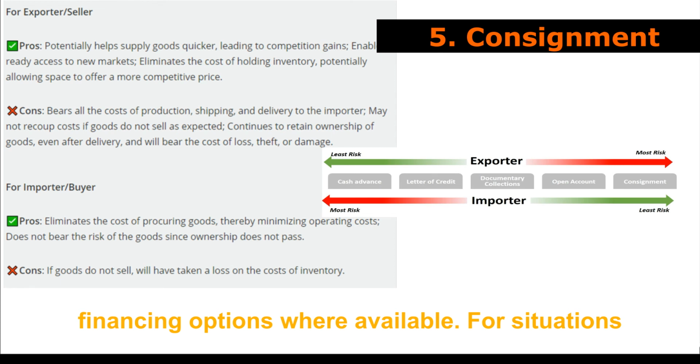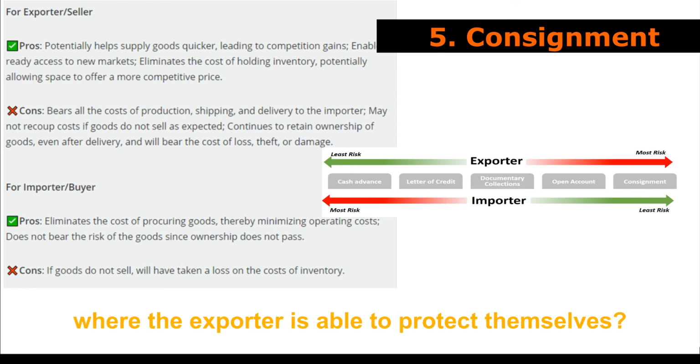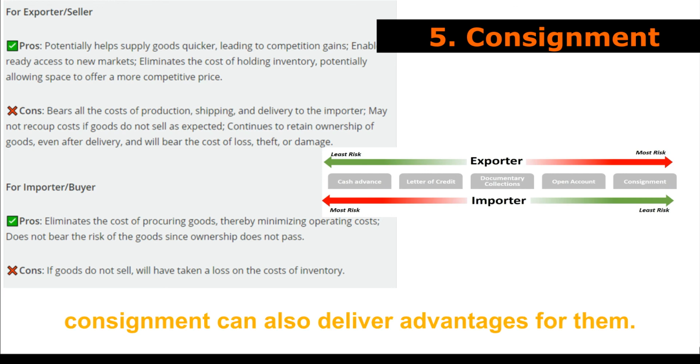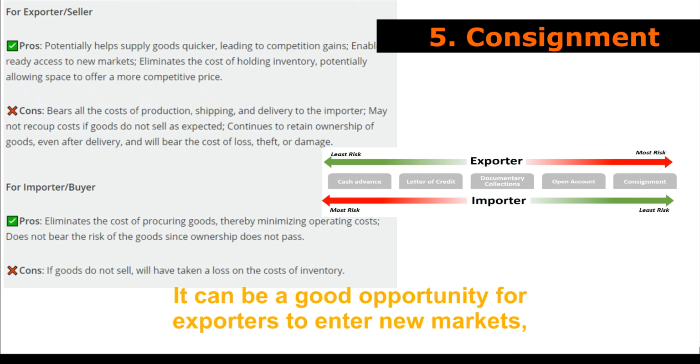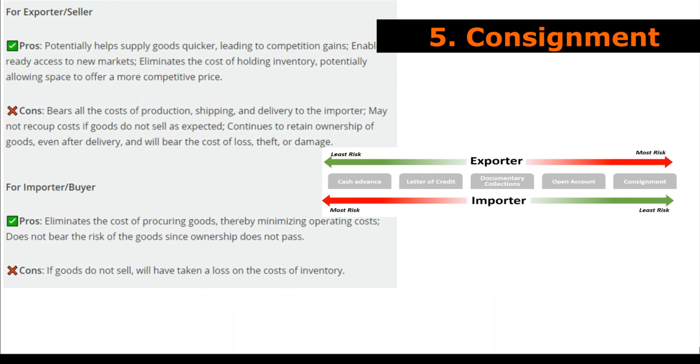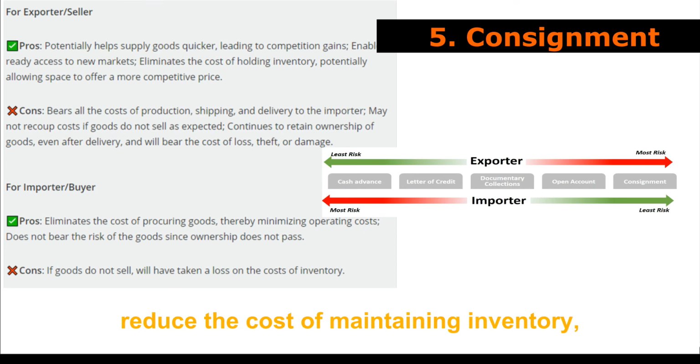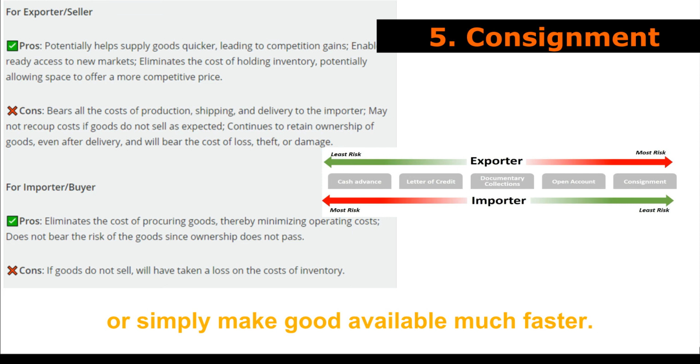For situations where the exporter is able to protect themselves well, consignment can also deliver advantages for them. It can be a good opportunity for exporters to enter new markets, reduce the cost of maintaining inventory, or simply make goods available much faster.